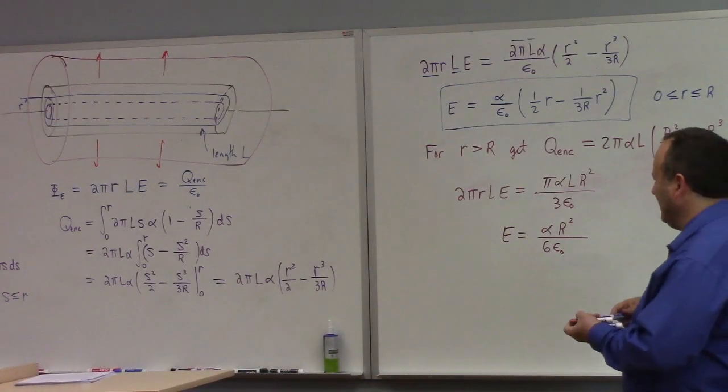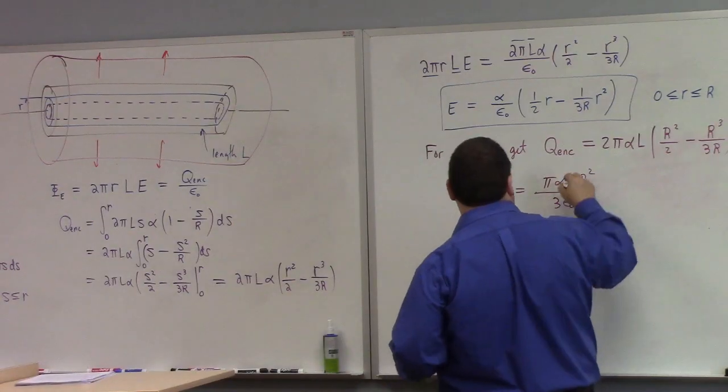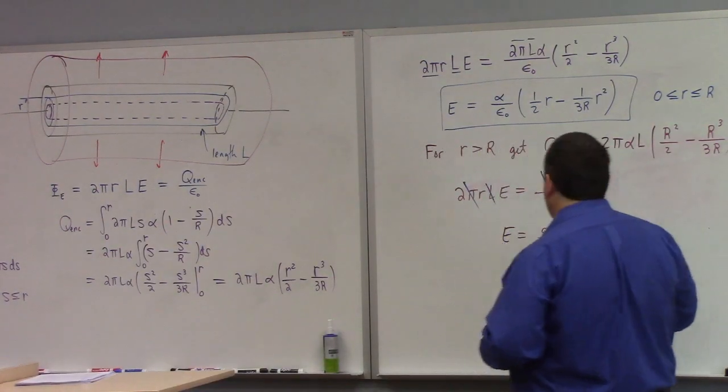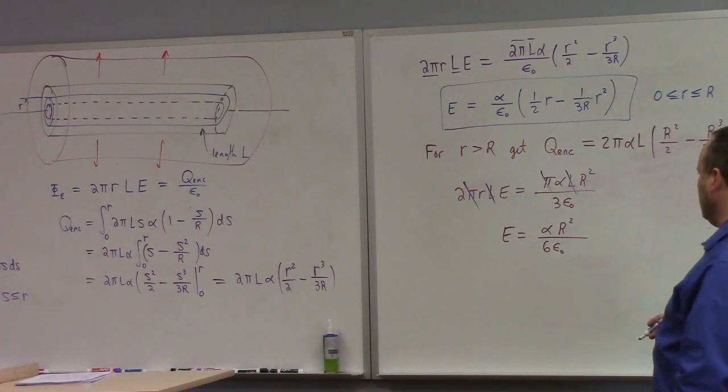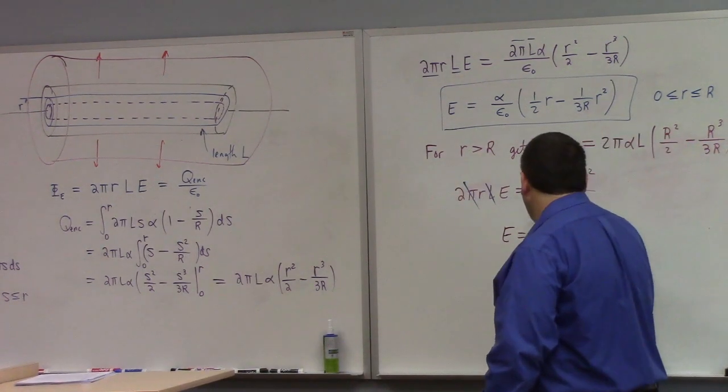I said it, but let me write it. I need to see it for myself at the moment. L cancels and the pi cancels. That just leaves me division by 2 in the r. So I get little r, like that.